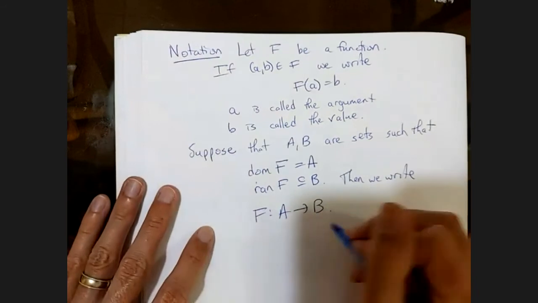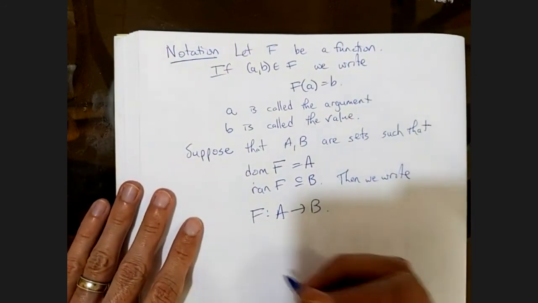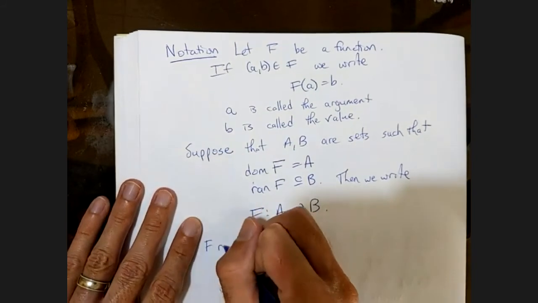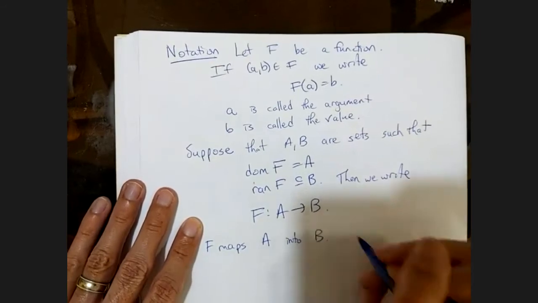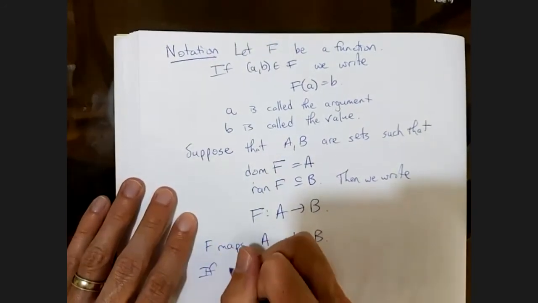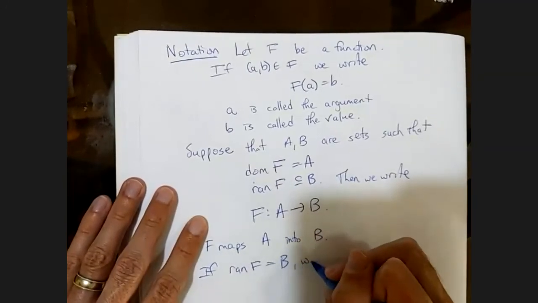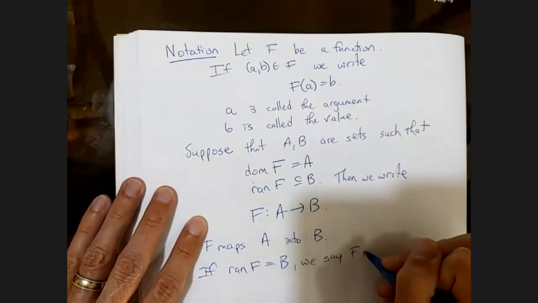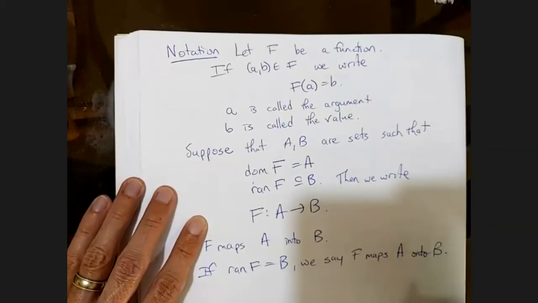We might say F maps A into B. If the range of F is actually equal to B, we say F maps A onto B.